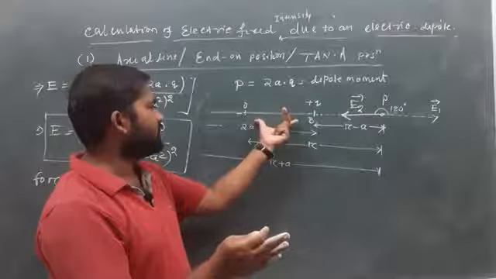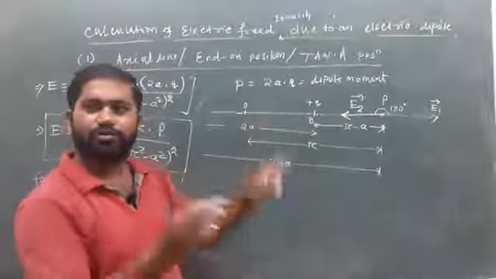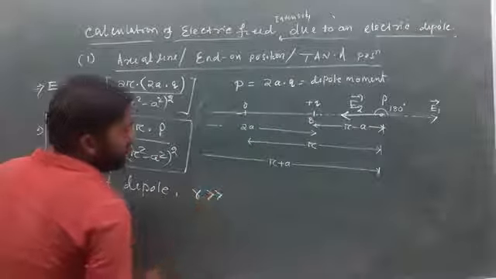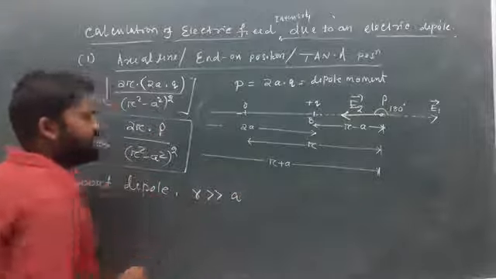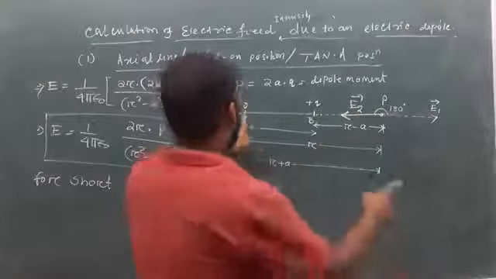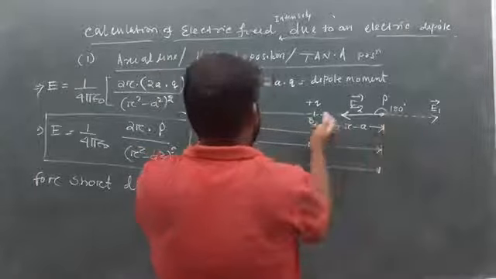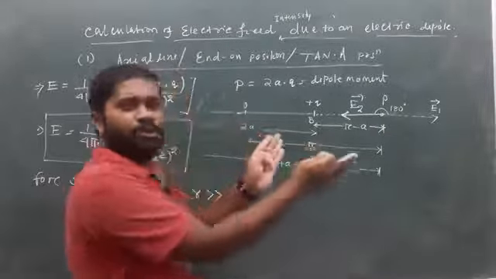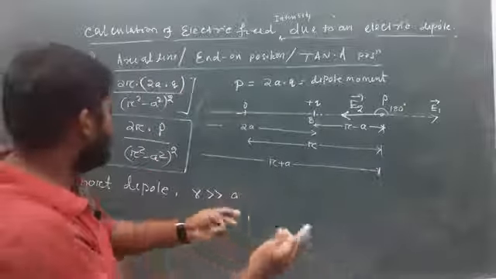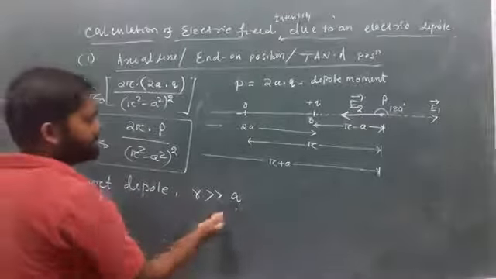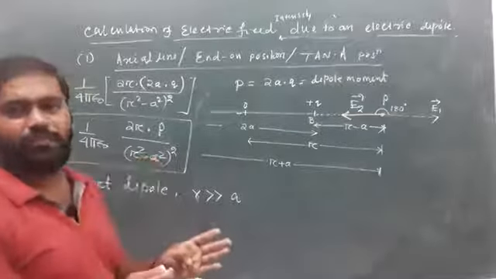That means the a value is also small as compared to r. For a small dipole, r is very much greater than a. The point of observation distance is very large, because this one is r. So if we decrease the dipole length to a small region by keeping the point of observation fixed, then the value of r is very much larger as compared to half of the dipole length.